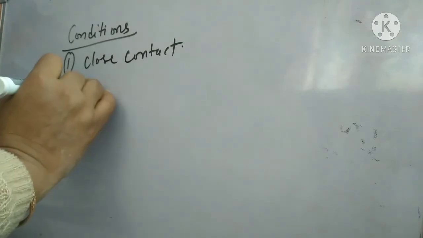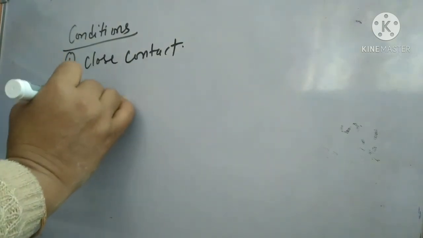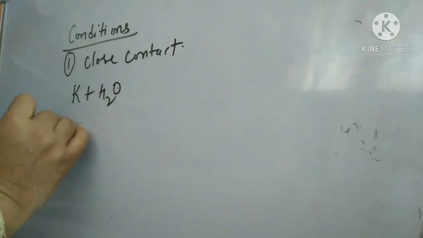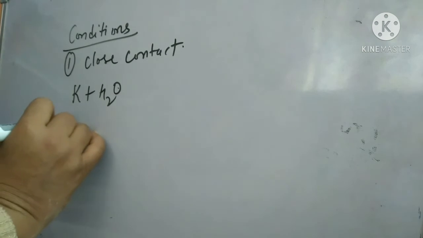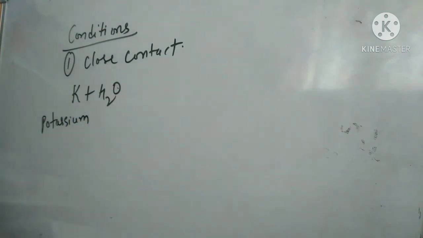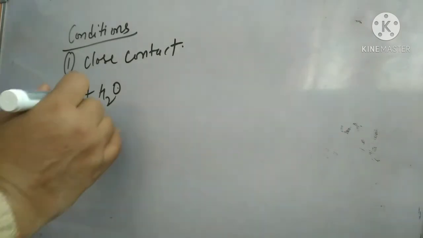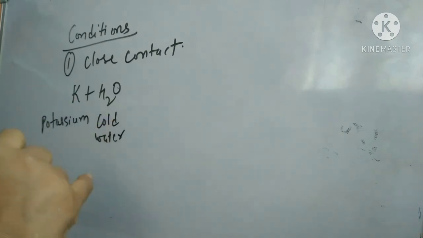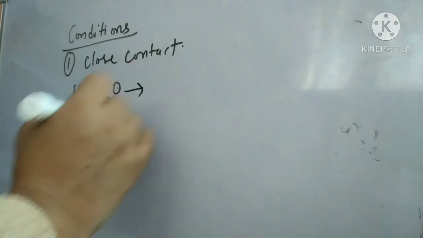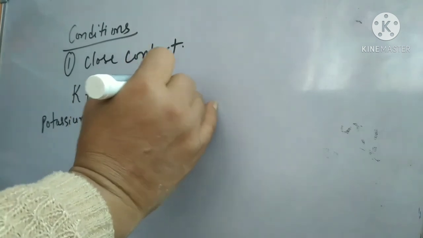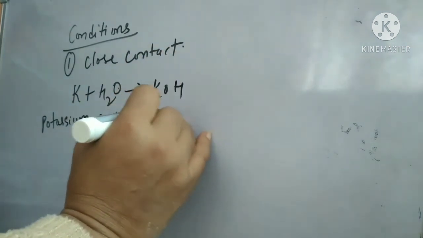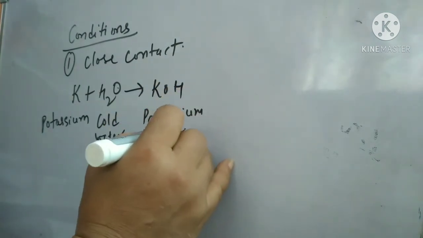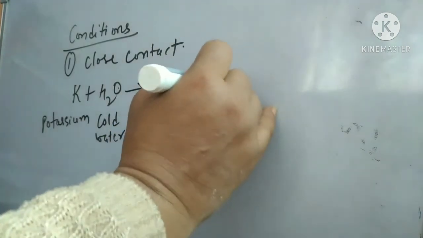Like potassium plus water. Potassium is a very reactive element. It reacts with cold water and gives the product potassium hydroxide plus hydrogen.